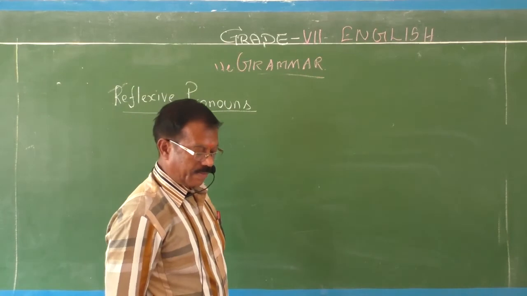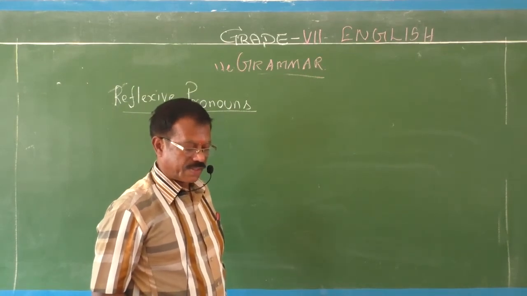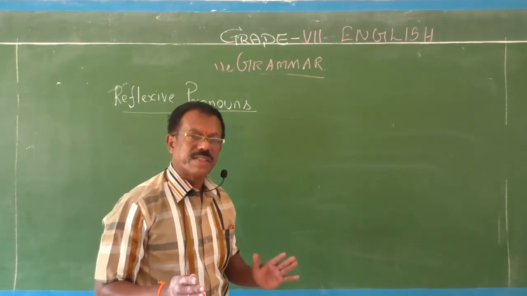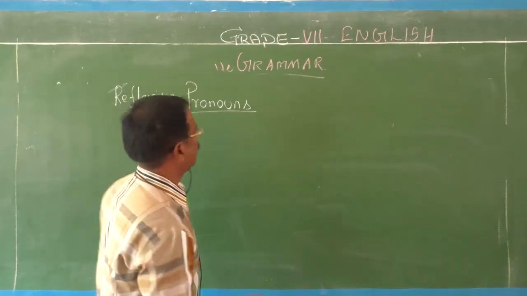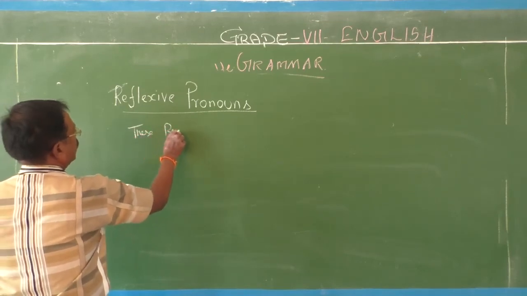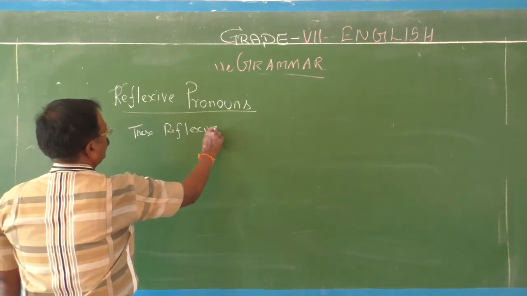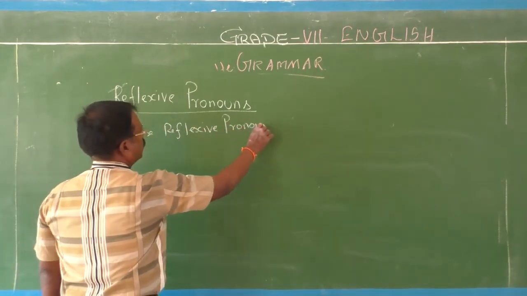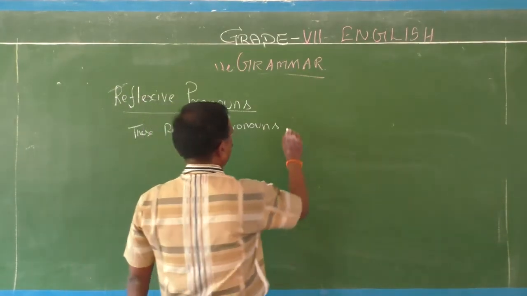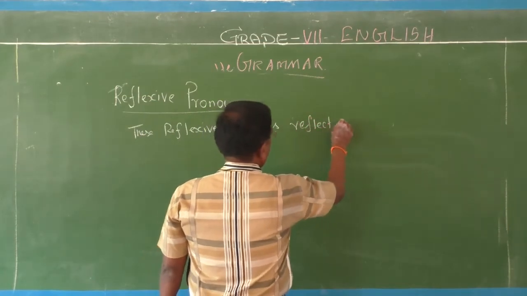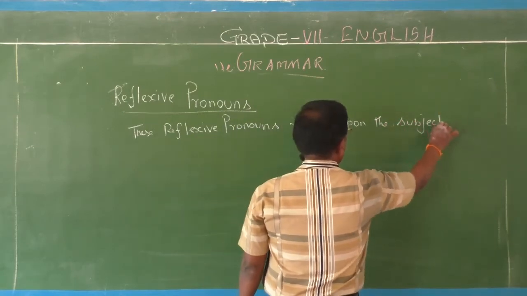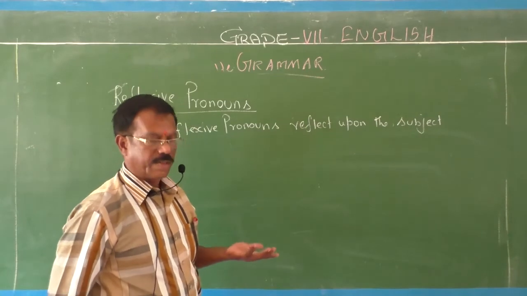Reflexive pronouns are used to refer back to the subject of a sentence. It reflects upon the subject, when the object of the sentence is the same as the subject of the sentence. These reflexive pronouns reflect upon the subject.